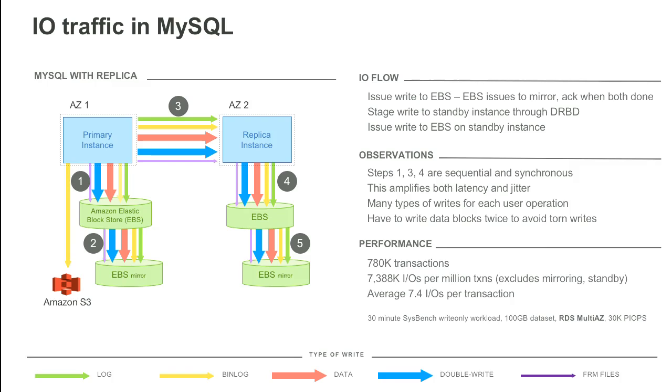So first, a lot of data is being written, but more importantly, if you think about the flow of operations, steps 1, 3, and 4 are sequential and synchronous. This means that you have increased latency and increased jitter. Let's talk about each of these for a second. Increased latency is because the latency is additive. You do 1, and then you do 1 and 2, then you do 3, and then you do 4 and 5, and your total latency is the latency of all of these.